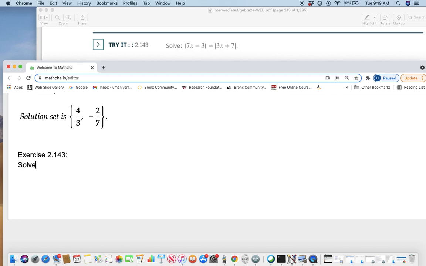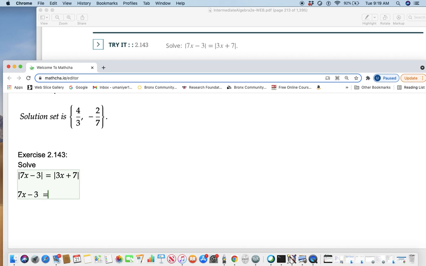Okay, the question is to solve absolute value of 7x minus 3 equals absolute value of 3x plus 7. Notice, when two absolute value expressions are equal, you take one expression equal to the other expression, or one expression equals the negative of the other expression.